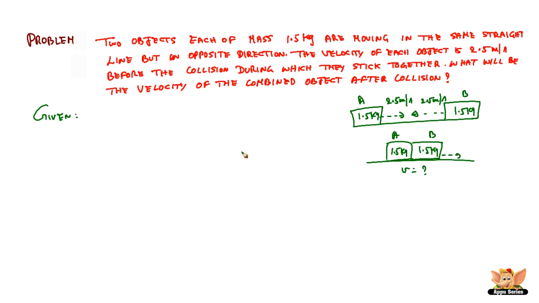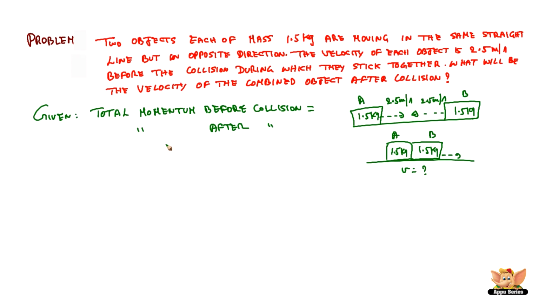Let's see what is the momentum of each of them: total momentum before collision and total momentum after collision. The law of conservation of momentum states that total momentum before collision is equal to total momentum after collision.